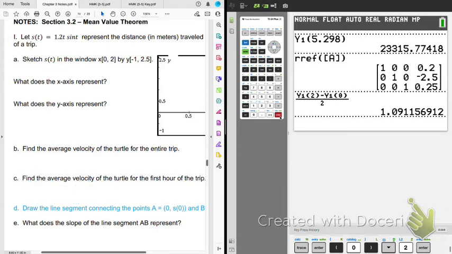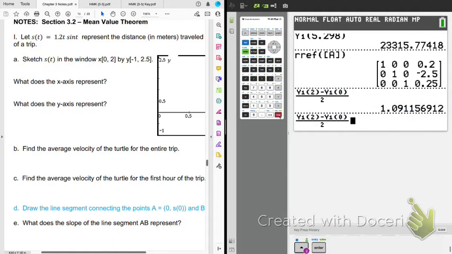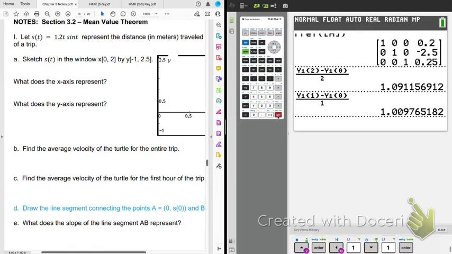If I am going to save myself time, what do you think I'm going to do since I just did this? You can go above. We go up, use that setup, and literally all we're changing is the 2 down here at the bottom to 1, and it spits out my new average velocity: 1.0098.